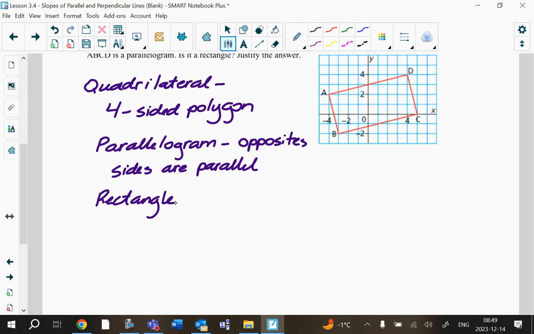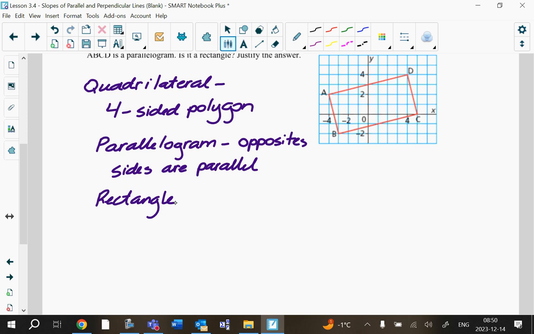What about a rectangle? Is a rectangle a parallelogram? If you think of a rectangle, are opposite sides parallel? Yes. But plus, what does a rectangle have? Right angles.